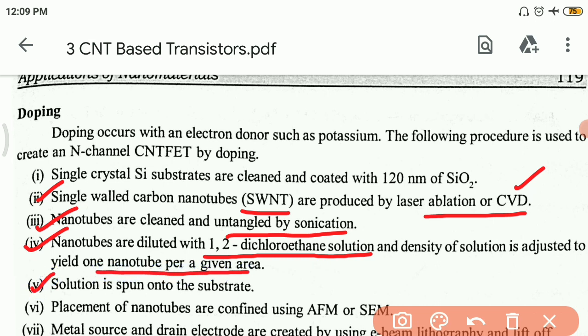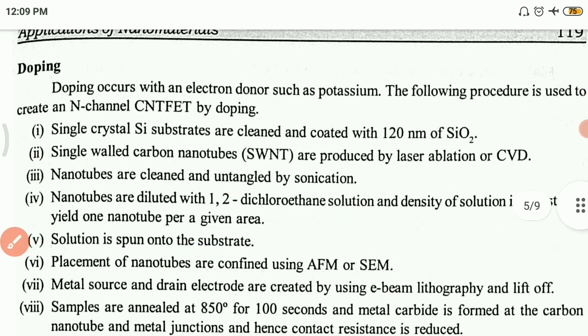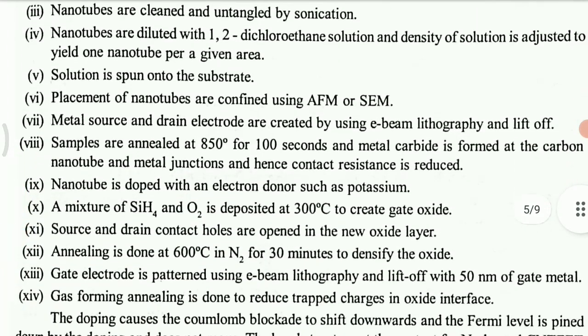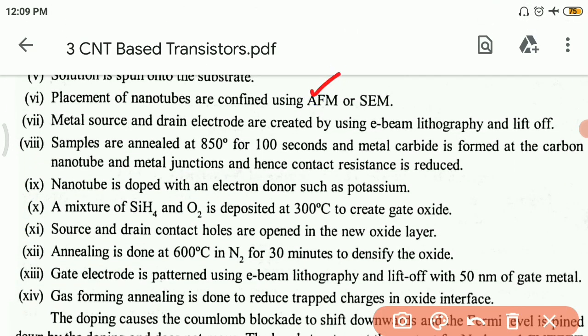Then the solution is spun onto the substrate. Then the placement of nanotubes is confirmed by using atomic force microscopy or scanning electron microscopy technique, right? Then the metal source and drain electrodes are created by using e-beam lithography and lift-off.